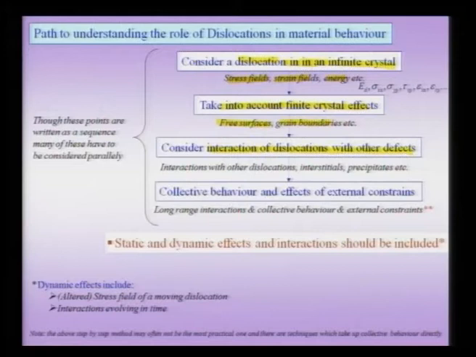And then finally, the goal is to understand collective behavior of dislocations, and this is a very challenging task of material science, wherein you try to understand how not a single dislocation, but thousands of them or even millions of them are moving together, interacting with each other, interacting with free surfaces, interacting with precipitates, and finally all this evolution is taking place in time and under the action of external constraints.